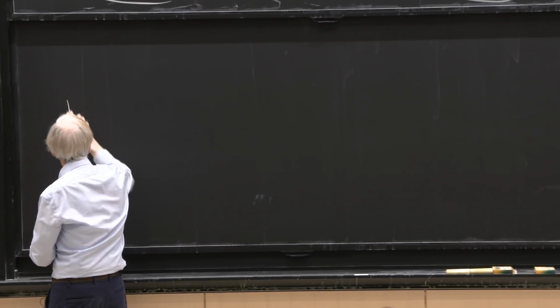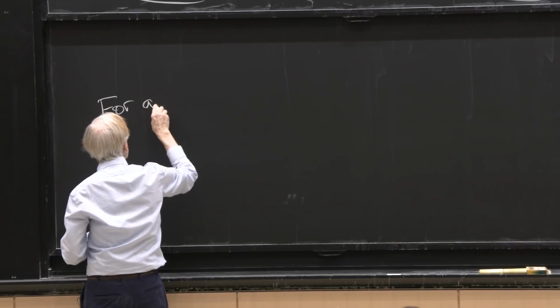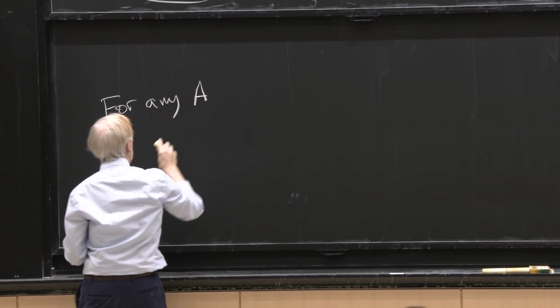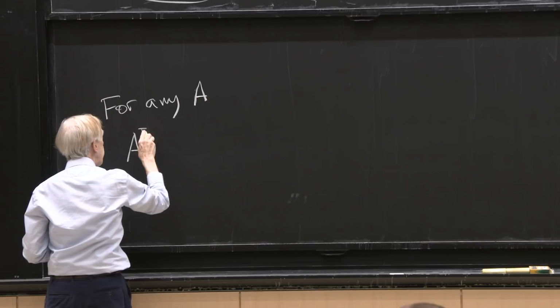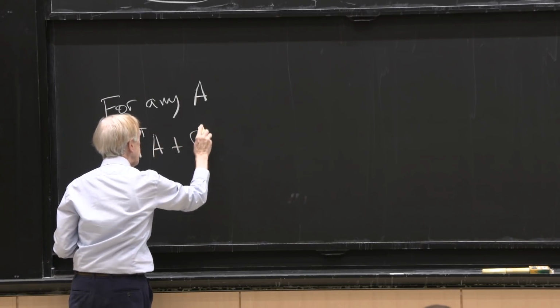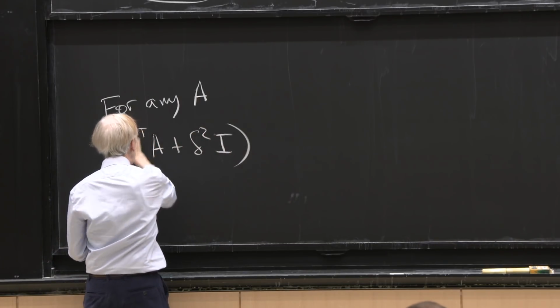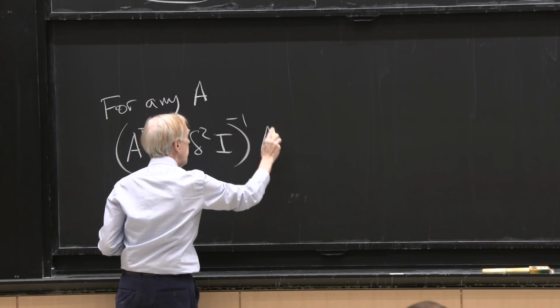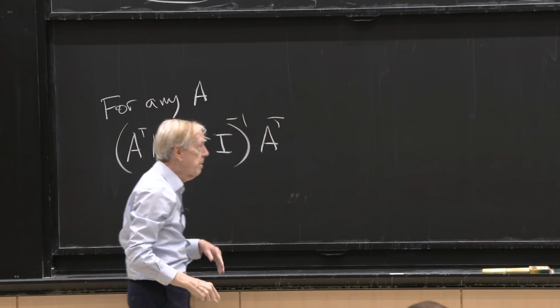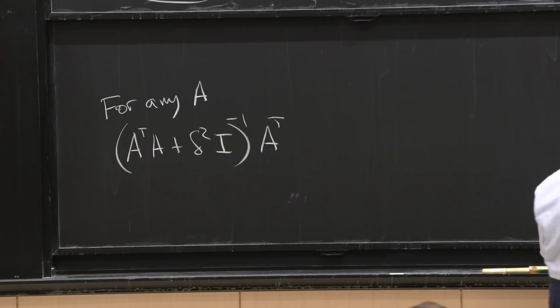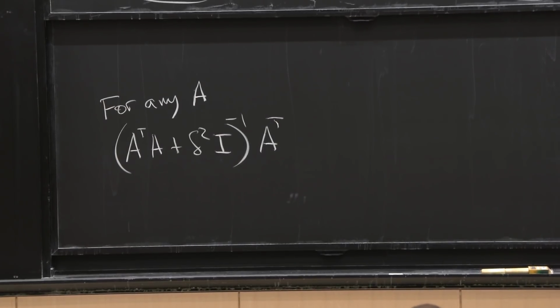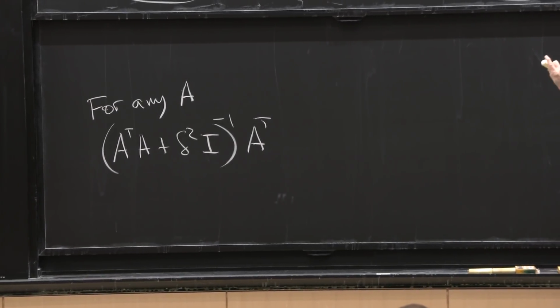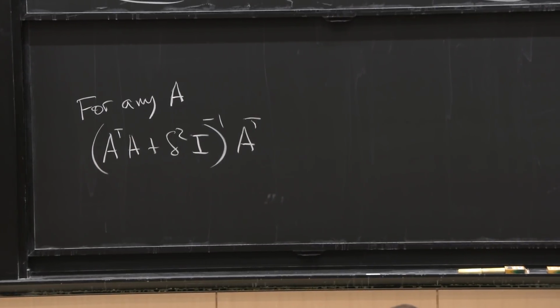So that's the statement. For any matrix A, this matrix, A transpose A plus delta squared, inverse, times A transpose, that's the solution matrix to our problem, right? That's what I wrote down up there. I take the inverse and pop it over there.